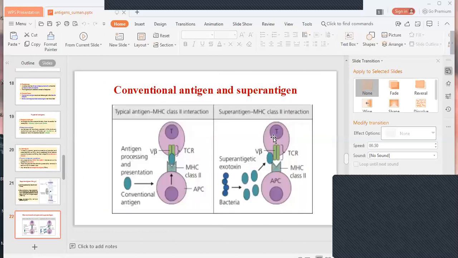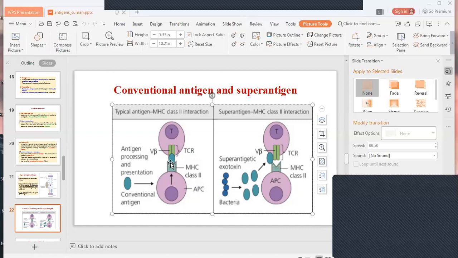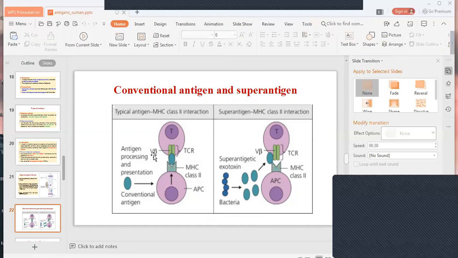The next slide will tell you the basic difference between a conventional antigen and a superantigen. Here you can see when the antigen is cleaved within the endosome, we have some epitopes, and these epitopes are T cell specific epitopes. They will bind and form a complex with the help of the antigen presenting cell, in association with major histocompatibility complex 1.